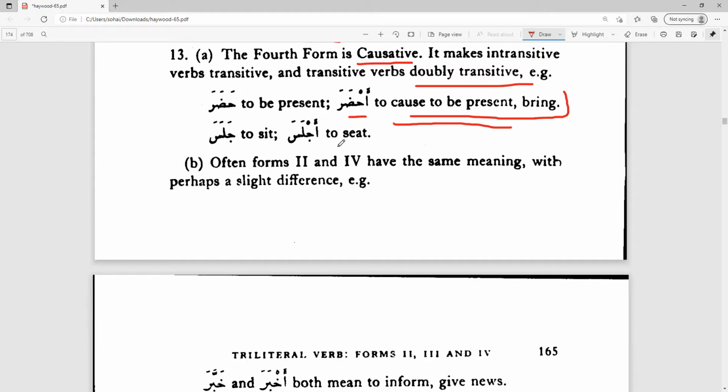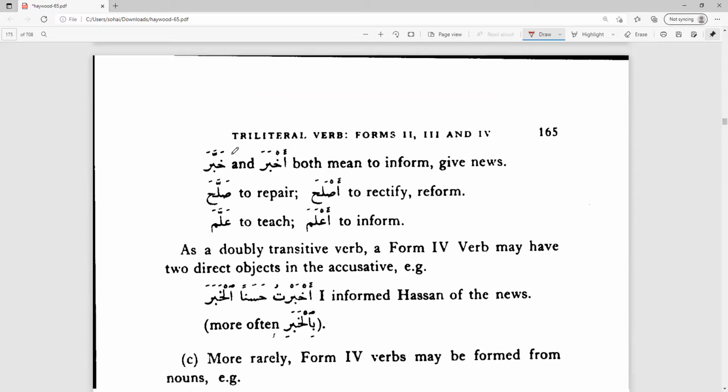Jalasa, to sit; ajlasa, to seat, to make people sit. Often forms 2 and 4, like I mentioned, have the same meaning with perhaps a slight difference. Examples: khabbara and akhbara both mean to inform, give news. It's the same meaning. Sallaha, to repair; aslaha, to rectify, reform.